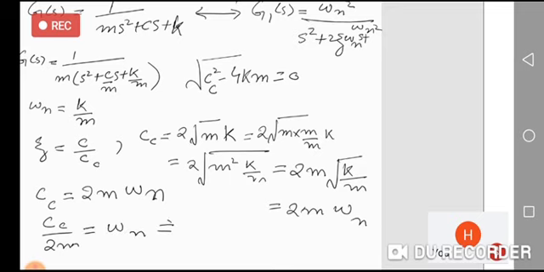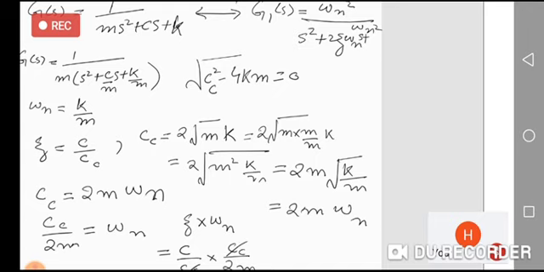That means if I take zeta and multiply it with omega n, that will come out to be C over CC into CC over 2m.